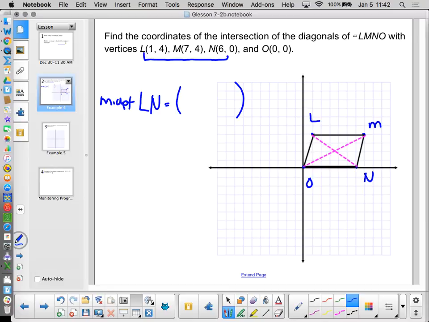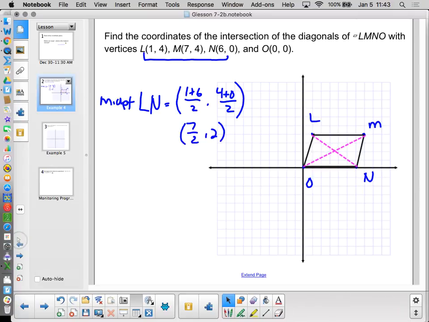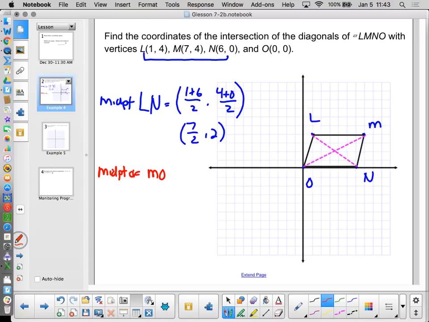For LN, it's x1 plus x2, 1 plus 6 over 2, 4 plus 0 over 2. So that's 7 halves, 2. Next, we need to find the midpoint of MO.